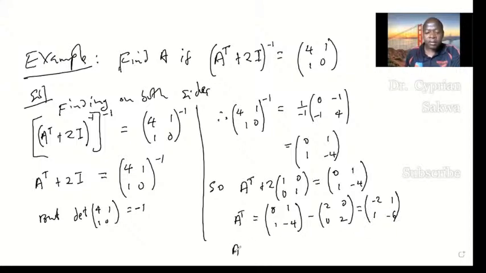What about A? I take the transpose on both sides, because we learned that the transpose of A transpose is A. Taking the transpose on both sides, the transpose of this would be A, and the transpose of this would be negative 2, 1, 1, negative 6.